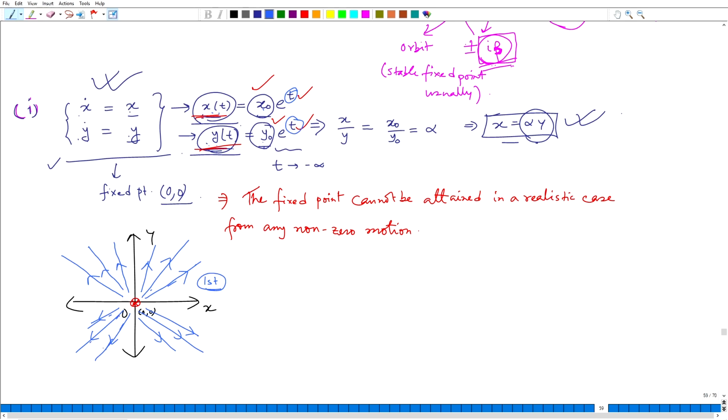So, you see this type of fixed point and the phase space trajectories are simply saying that the fixed point does not like the movement of the particle.